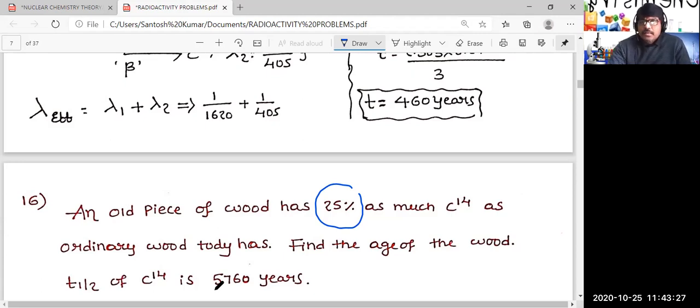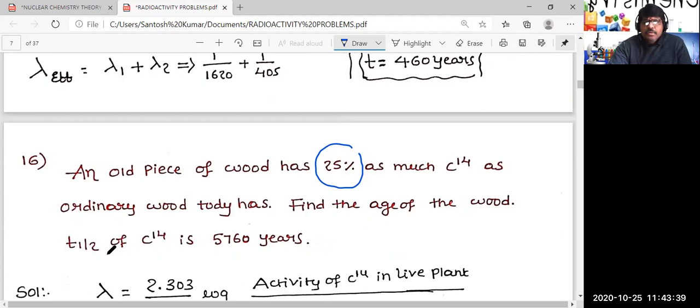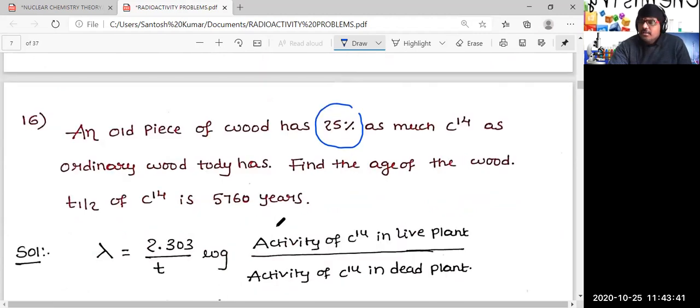Once you have the clarity on how the things are given and how to calculate, it's only a simplification thing. First, let us find the given formula. The formula we are going to use is this, because it is first order kinetics.